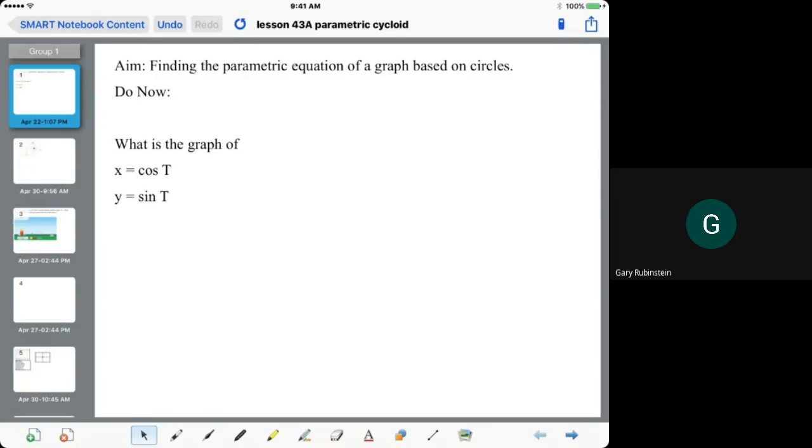Okay, I see a lot of good comments. Unit circle, centered at the origin, radius of 1. There's another detail that you can include. Here I hear a circle going counterclockwise.